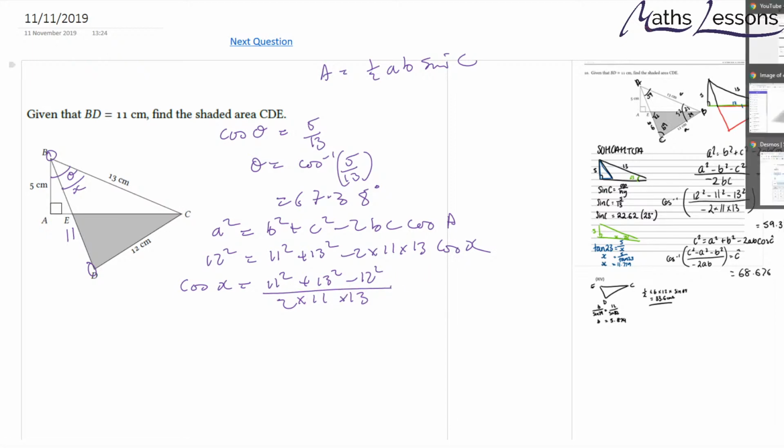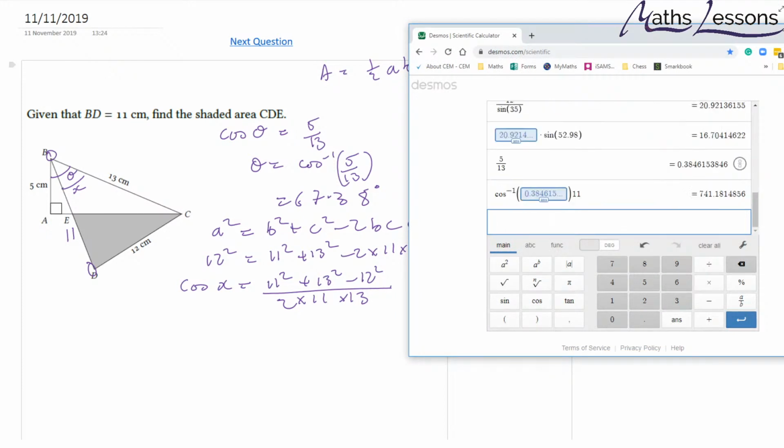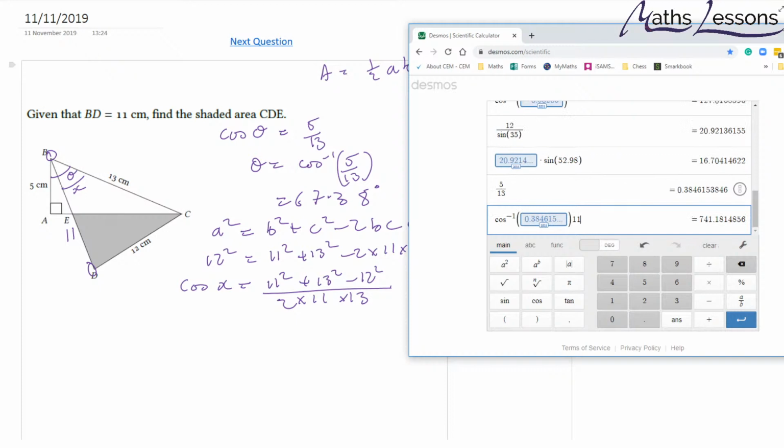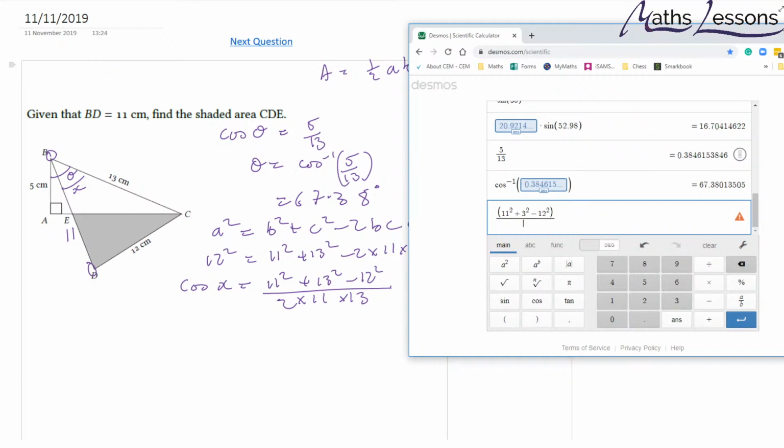So if I grab my calculator again, I'm going to do 11 squared plus 15 minus, brackets from that. Fortunately, it's quite clever, this calculator. It realizes I wanted some at the beginning.